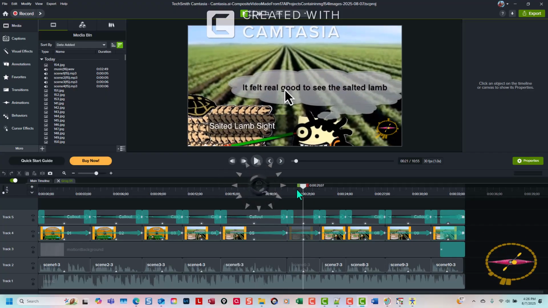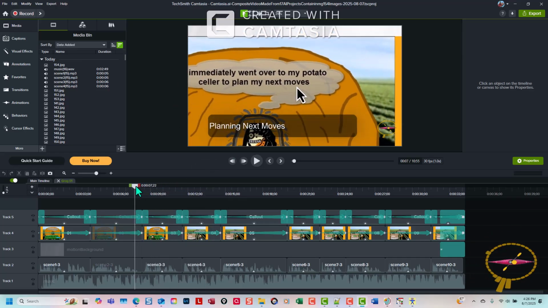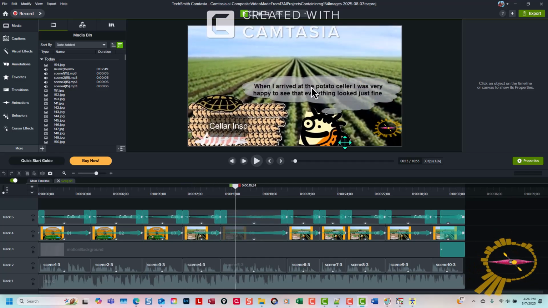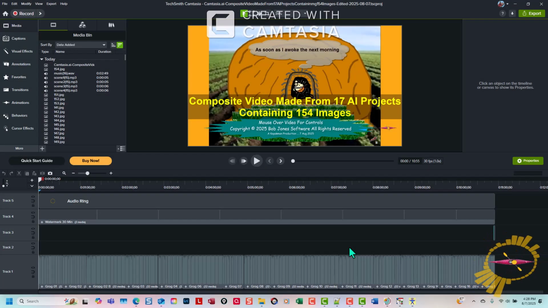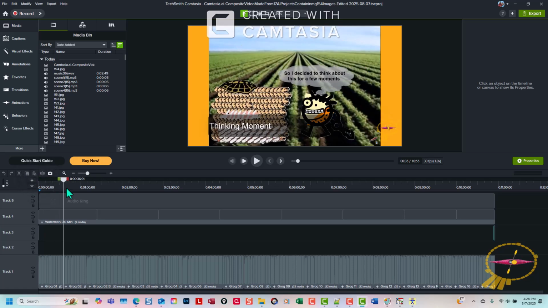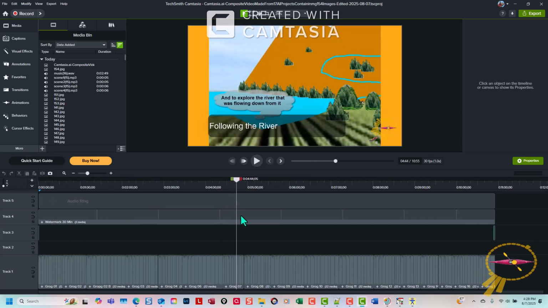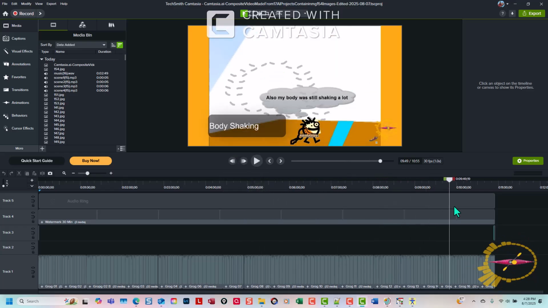I just adjusted the scene images so that the narration that was trying to follow the speech bubbles was more logical, didn't fall off the edge of the thing. So here's that same project after I did those edits, and if I scrub through, you can see the major difference that stabilizing the scene images did in the resulting production.